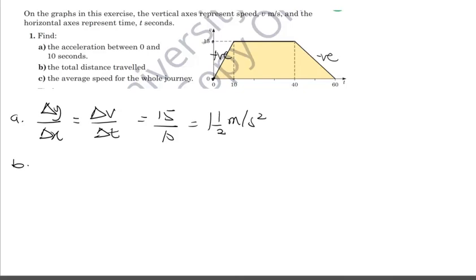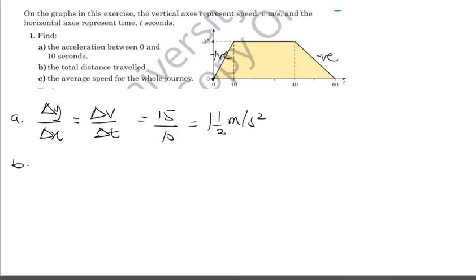In the case whereby the shape is not, let's say, definite, you would have to divide the graph into sections, find the individual areas and then put them together. So let's focus on our example.